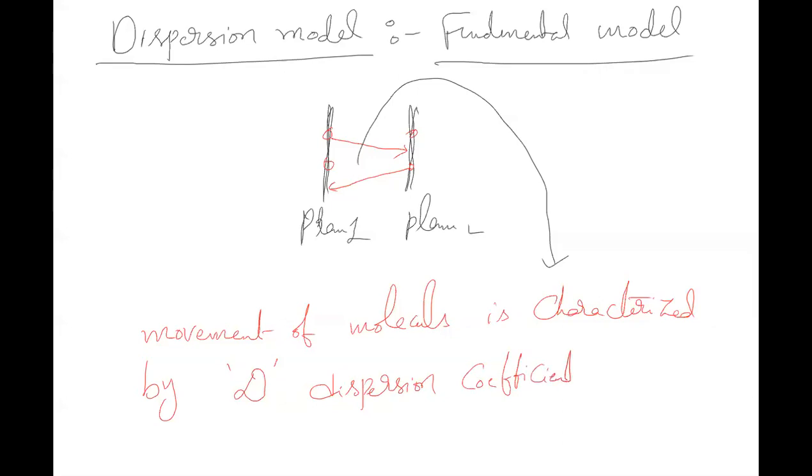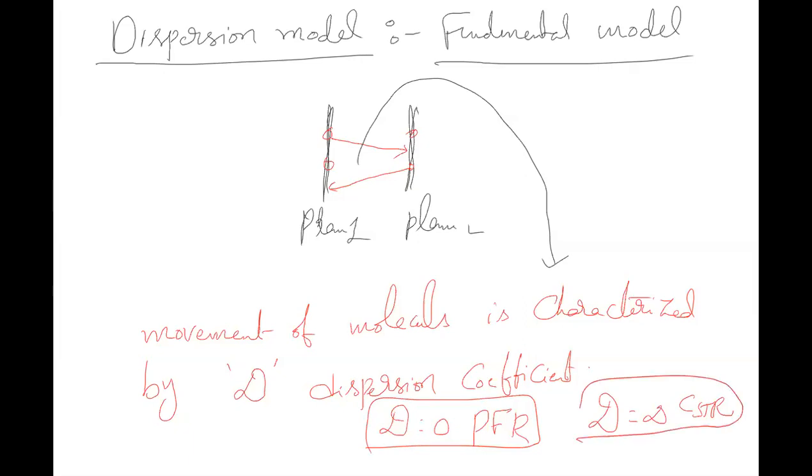That is how you define it. When D is equal to 0, it becomes a PFR, that means no movement between the molecules. When D is infinity, it becomes a CSTR.